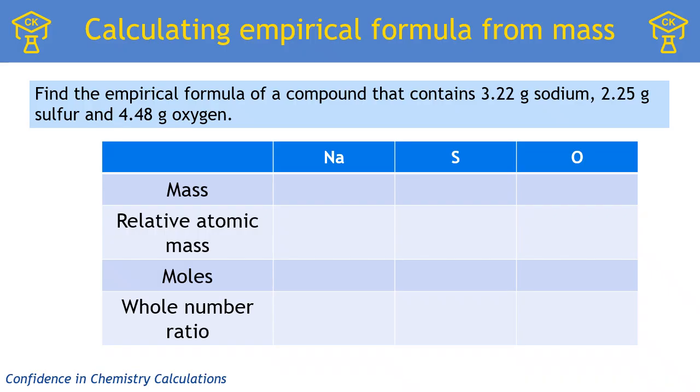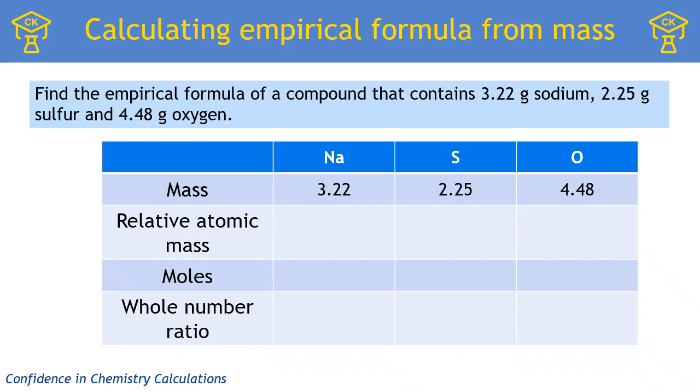And it's a really good idea with empirical formulae to lay it out really organised, partly so you don't write any numbers twice or get anything missing, and also so that you match the numbers to the particular elements so that when you have the ratio at the end, you don't switch them round to give the wrong element symbols. So we're going to put in the information that we know in our table. You don't have to draw a particularly neat table if you're doing this for an exam question, just have it lined up. So we've got 3.22 grams of sodium, 2.25 grams of sulfur, 4.48 grams of oxygen.